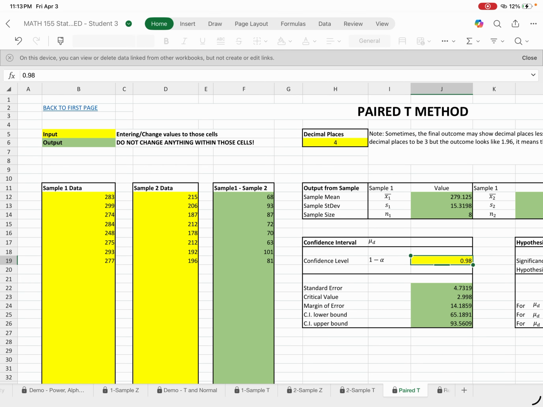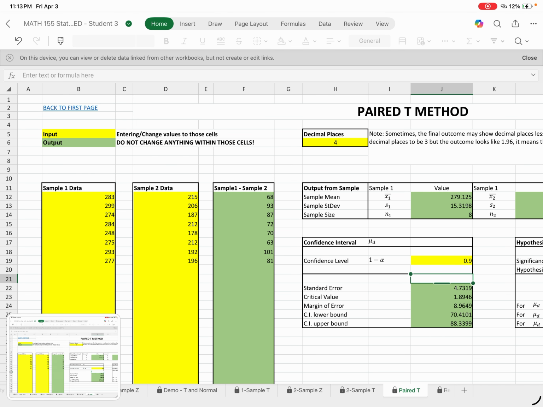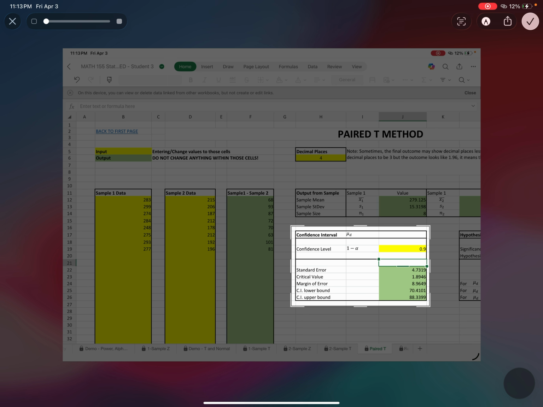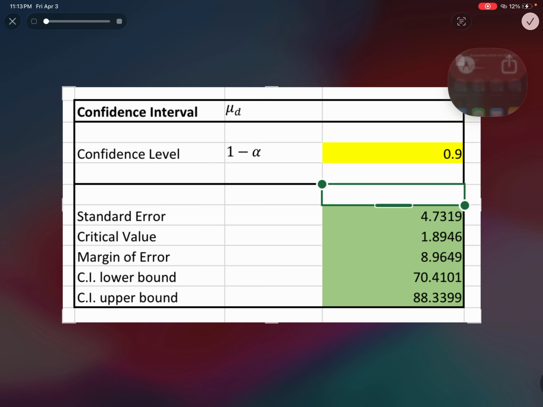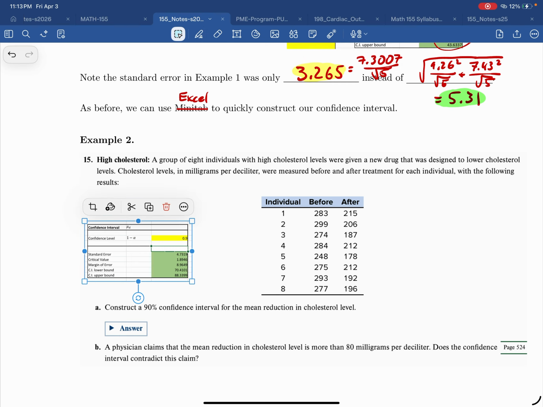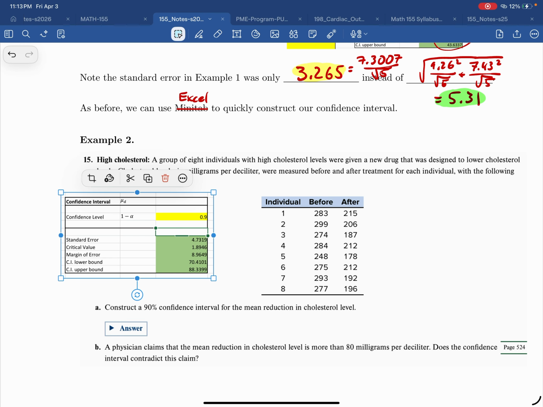And we want a 90% confidence interval, so we just put in 0.9. And we get our answer. All right, there you go. Right, so 90% confidence interval.